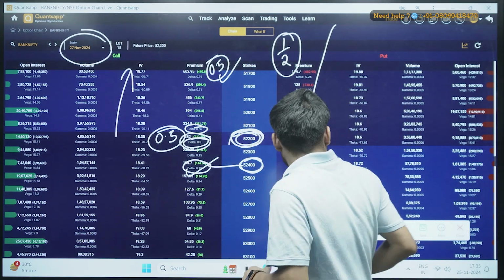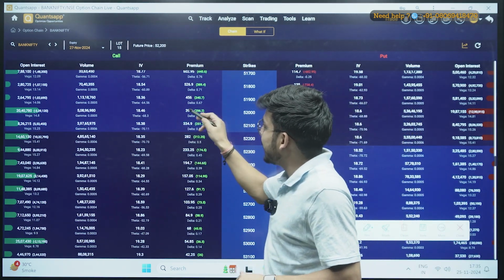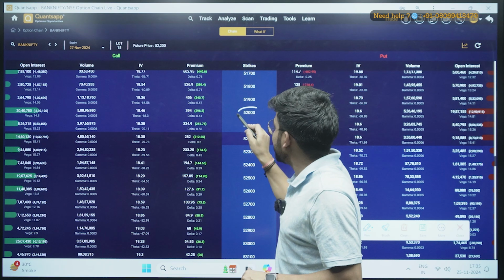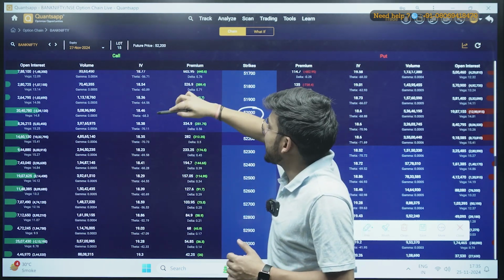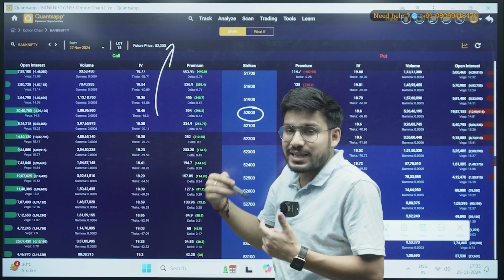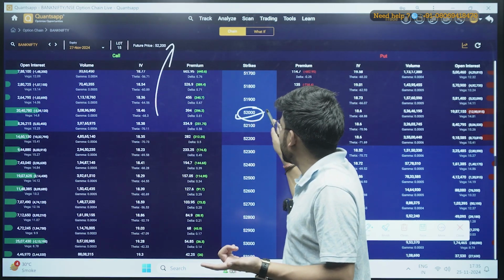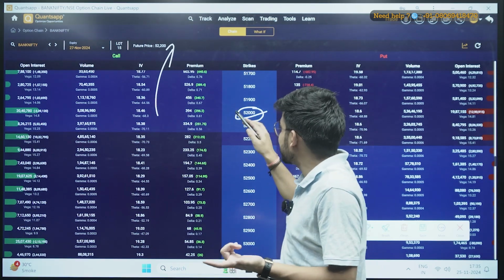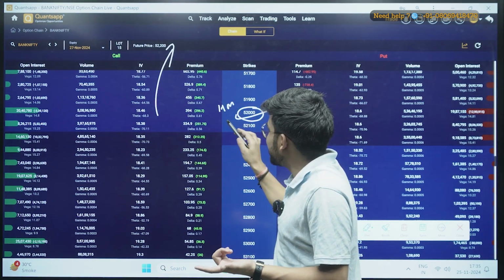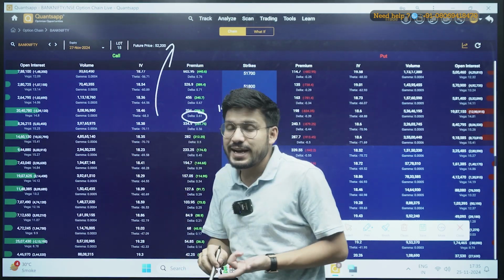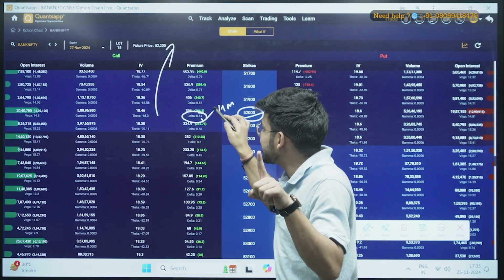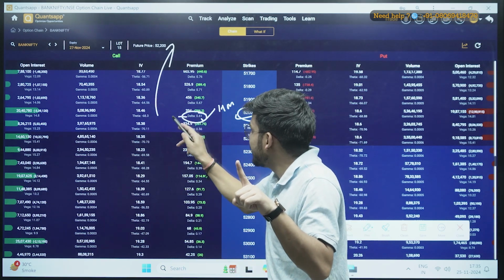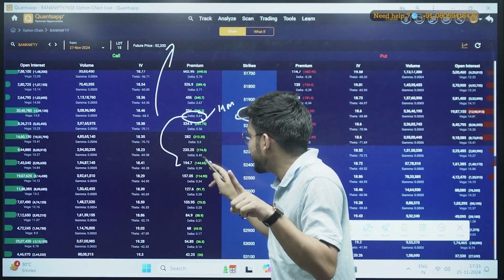Now you can see here, when I go to the ITM side, if I am having a bullish sentiment again, and the market moves in the upward direction, and I am buying this 52,000 call option, that is my ITM, you can see the delta is 0.61. It means if my market moves by 1 point, the premium will increase by 0.61, and that delta is greater than this one, that is my OTM.